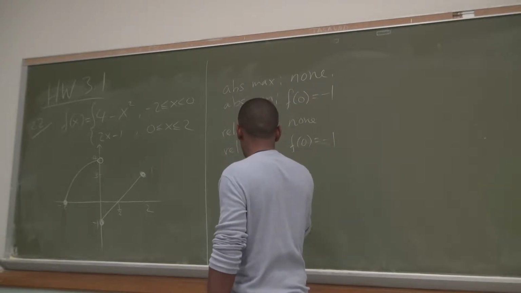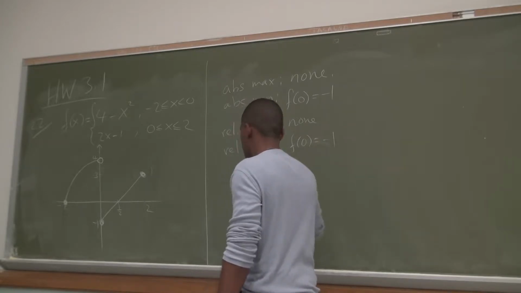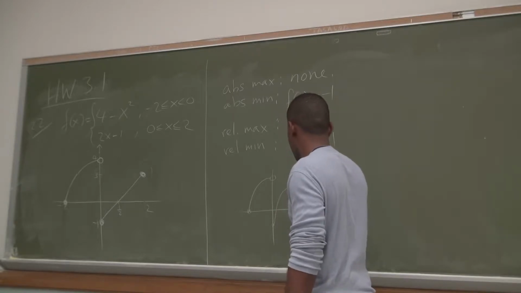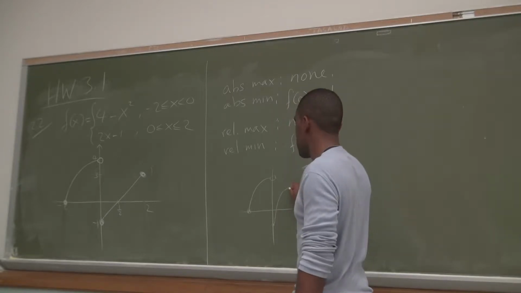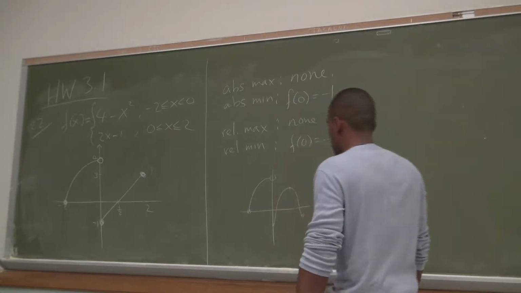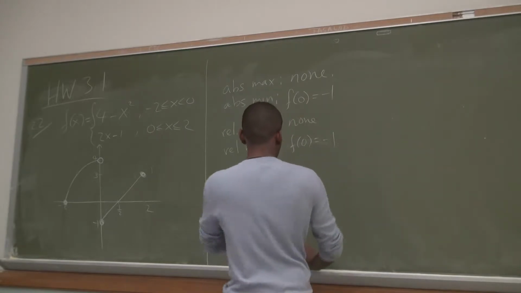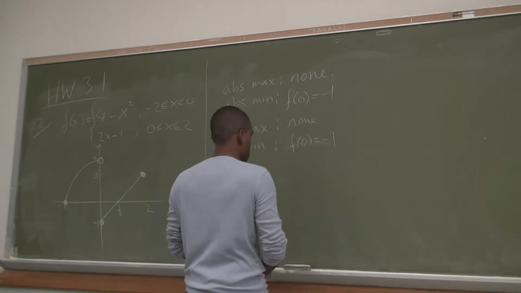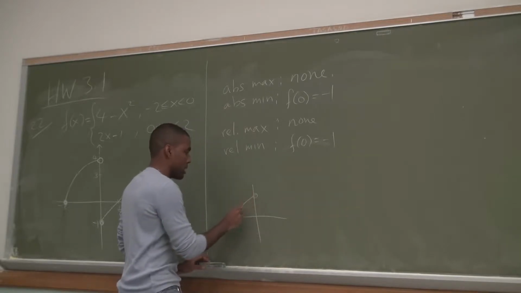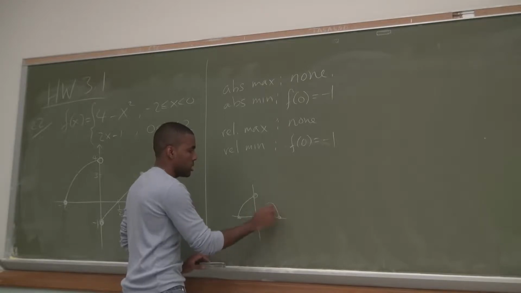For example, I could tweak this function a little bit and obtain something like that. What if it was something like this? This would be a relative max, but it's not an absolute max because there are points bigger than it. It could be a graph like this, with a hill here.